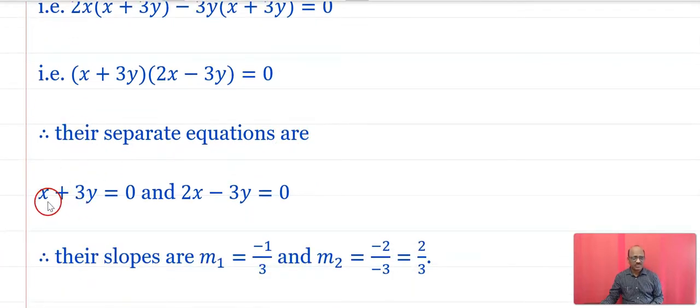They are separate equations, x + 3y = 0 and 2x - 3y = 0. Their slopes: m1 = -1/3.